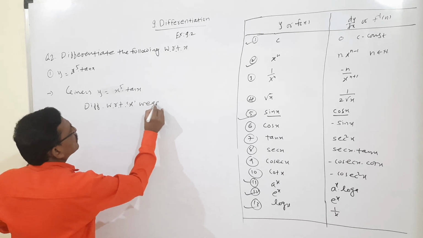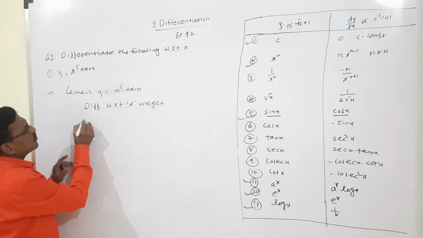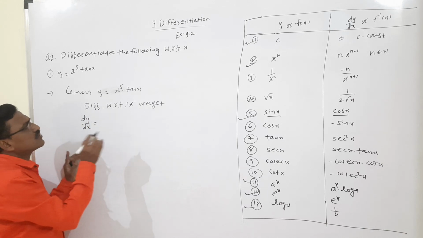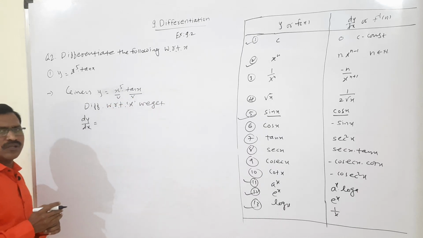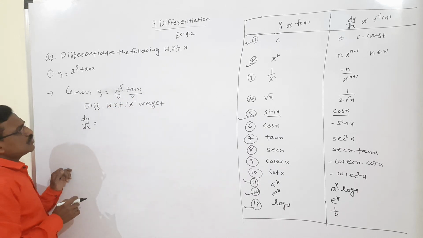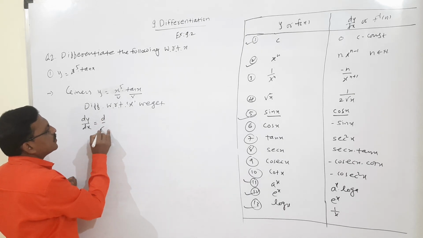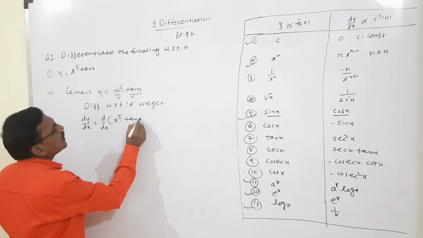The derivative of y with respect to x is dy by dx on the left hand side also. And here we use the u into v rule, the third rule. First of all write down the derivative of x raised to 5 into tan x here.